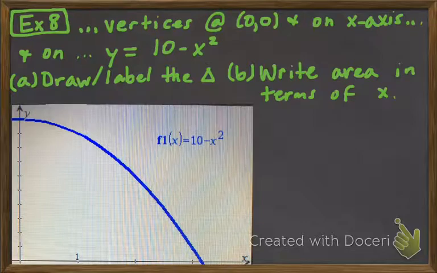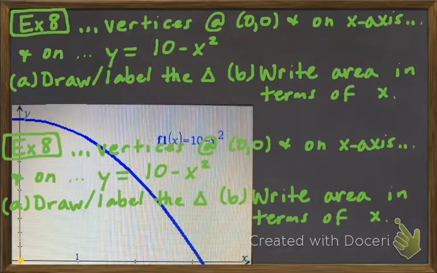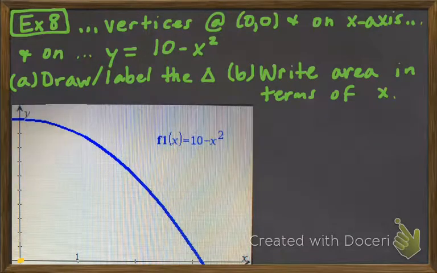Alright, so I have one vertex here on the origin, one vertex somewhere on the x-axis, and then if that's where my right angle is, I have to go straight up to the function and put my third vertex there, so that the triangle would look something like this, sitting inside the parabola like that.